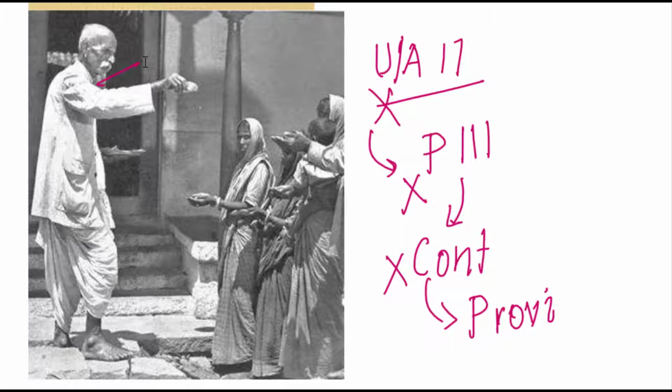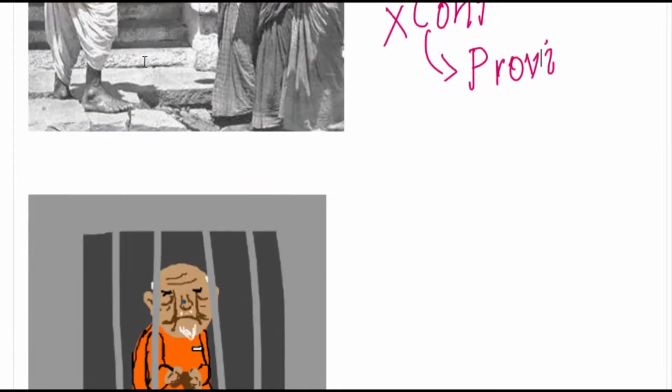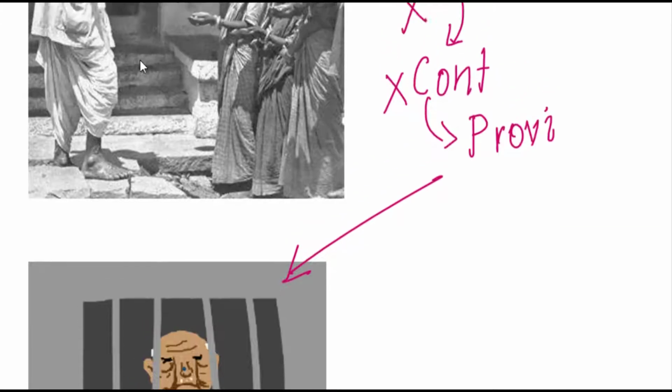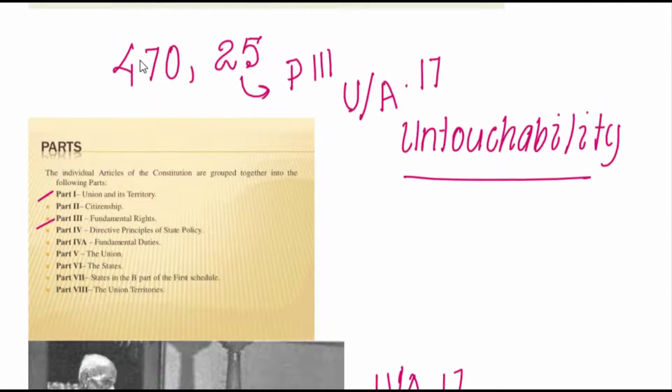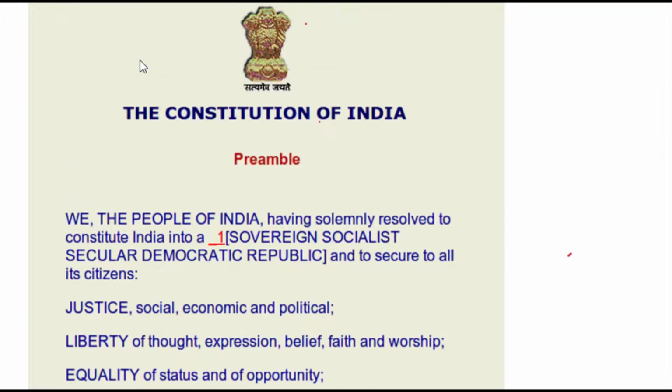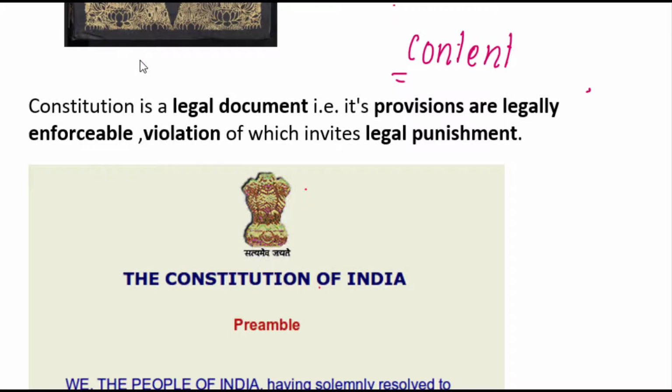Upon the violation of the provision, he can be punished, thrown behind the bars, legally. So the Constitution is a legal document. The provisions are legally enforceable, and upon violation, legal punishment is attracted. I hope this is clear.